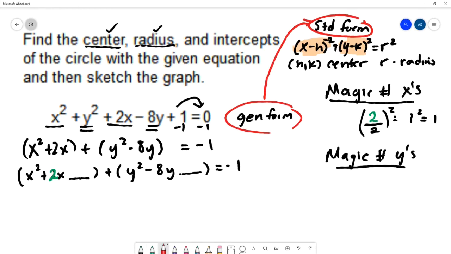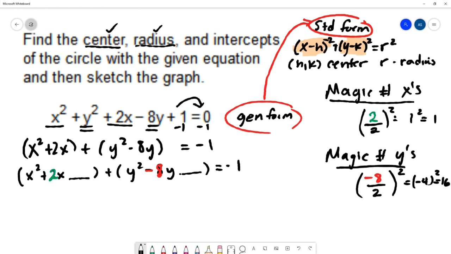We follow the same procedure. We start with the coefficient of the y term, so we're going to start with that -8. We cut it in half and square it. So -8 divided by 2 is -4. -4 squared is 16. So we found the magic number for both the x group and the y group.